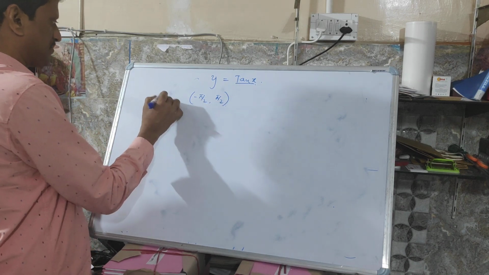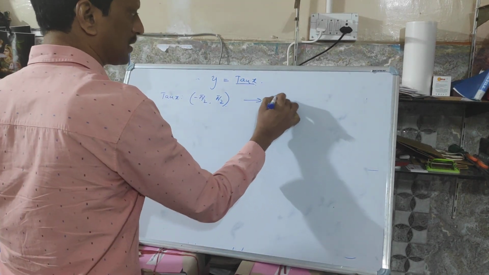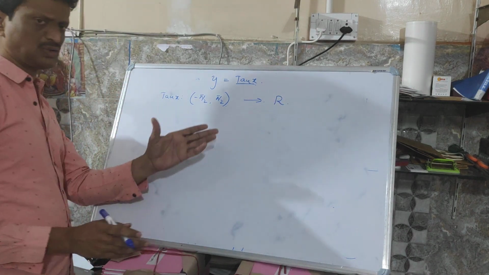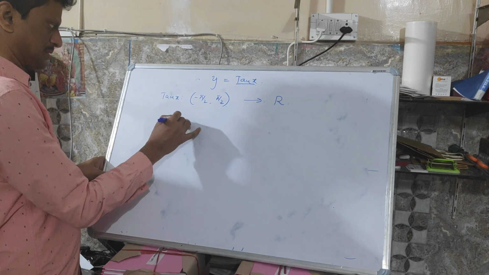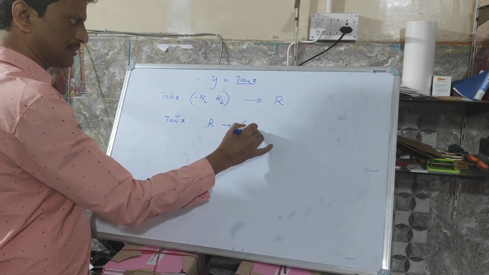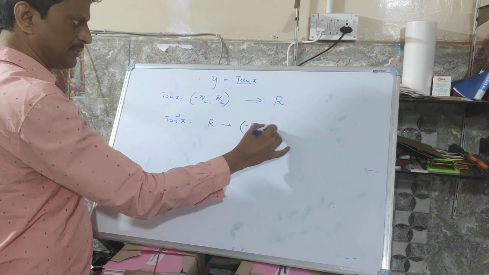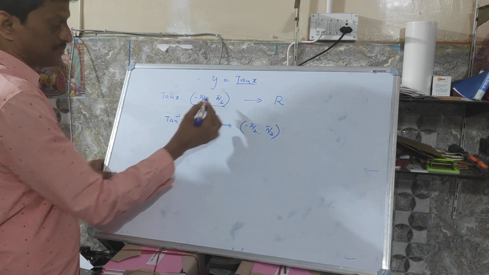So tan x from the open interval minus pi by 2 to pi by 2 to R is a one-one and onto function, a bijective function. So tan inverse x goes from R to the open interval minus pi by 2 to pi by 2. So we have restricted the domain to the open interval minus pi by 2 to pi by 2.